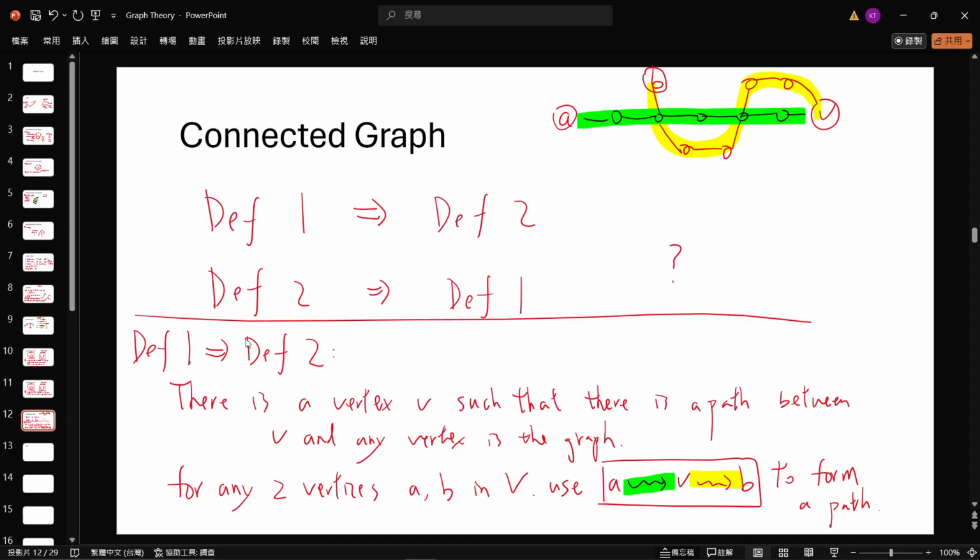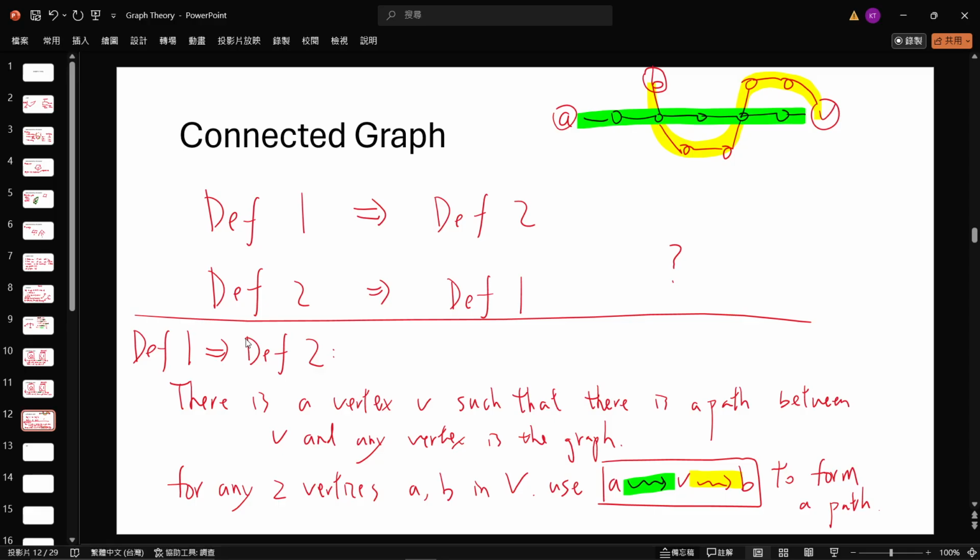So the key difference is that whenever I visit this vertex here, when I first use this green path to reach the third vertex, then in the future I cannot visit this vertex again, okay?